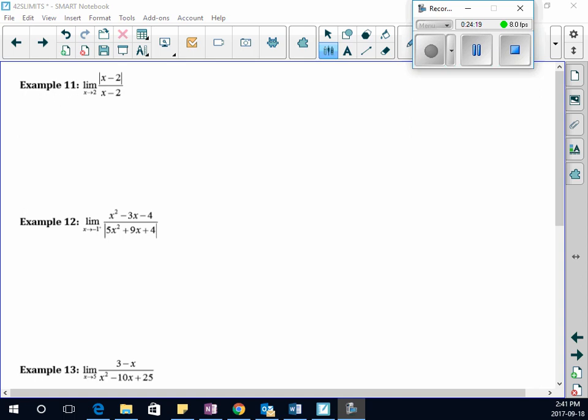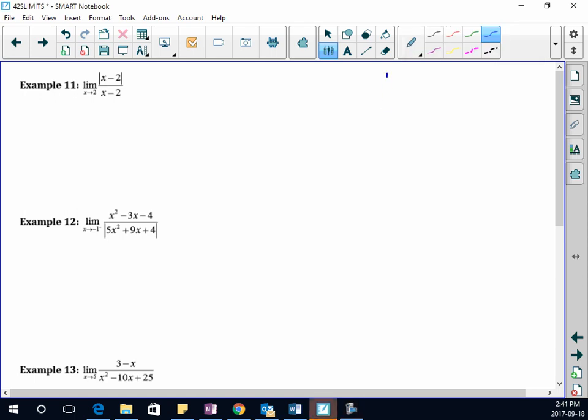Okay, so here's an absolute value sign again. I will now define the absolute value of x minus 2 as equal to 2 different things based on 2 different scenarios. It's equal to positive x minus 2 when x minus 2 is greater than or equal to 0. Does everybody see that?